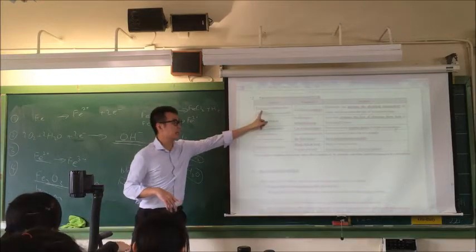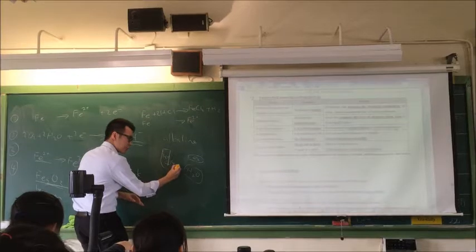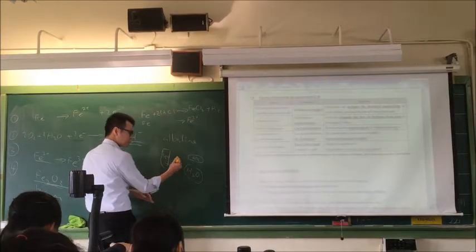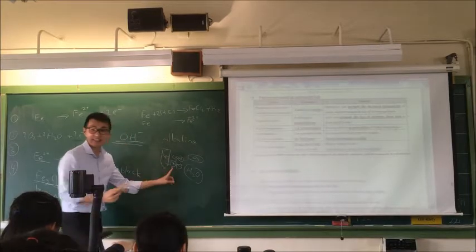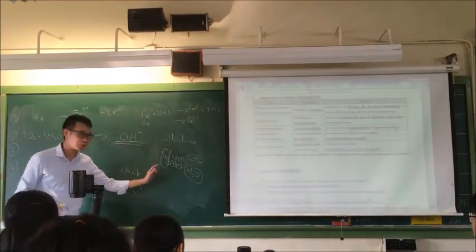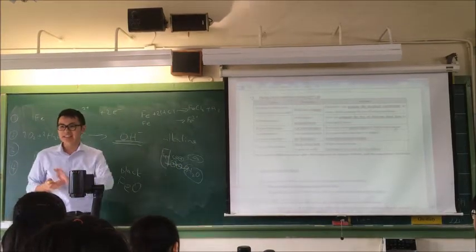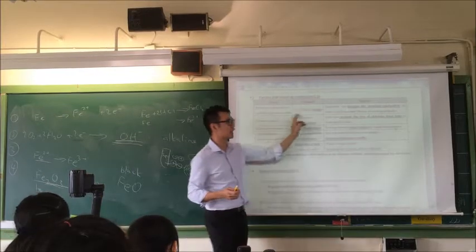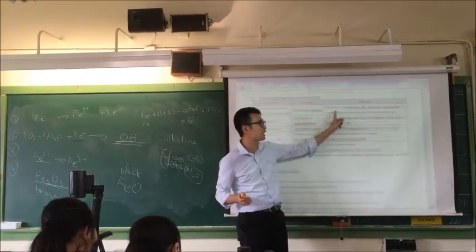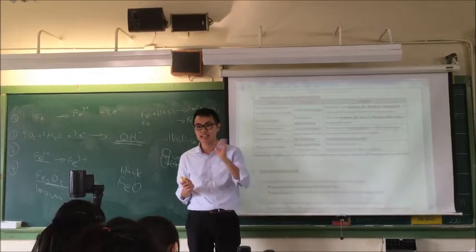So the presence of electrolyte can help the iron to transfer the electron to oxygen and water. That's why the presence of electrolyte can increase the electrical conductivity of water, which in turn increases the rate of rusting. Understand? Raise your hand?